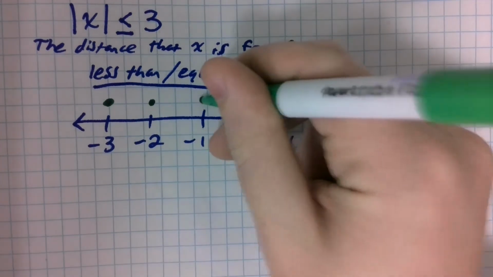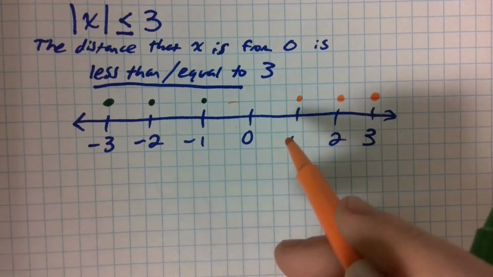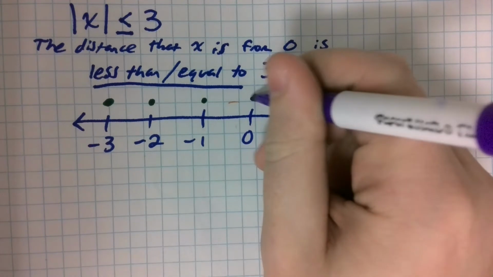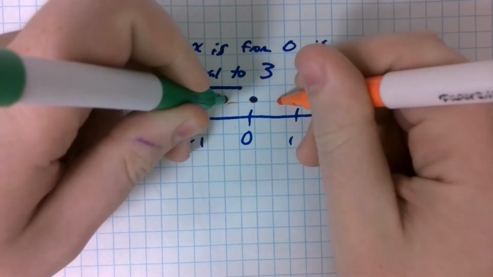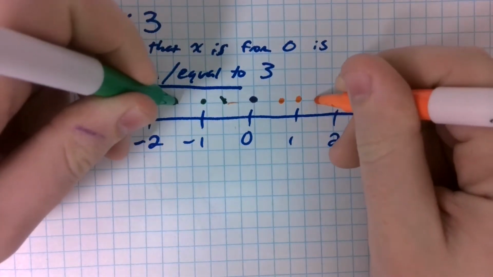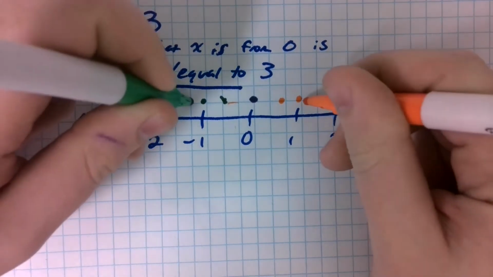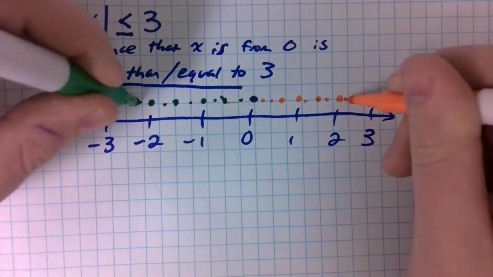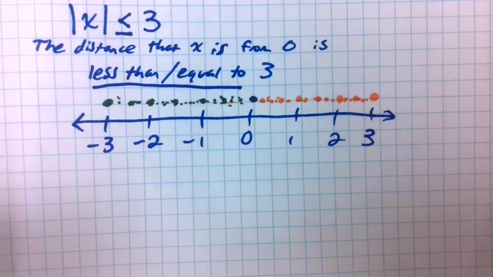The same applies for 1 and -1. Is 0 less than 3 away from 0? Yeah, it's not far away from 0 at all. It's exactly at 0. So even that would work as a point. When you start filling in some of the other points on here, such as maybe 1/2 and -1/2, or 1.5 and -1.5, or you can keep going on and on, you'll eventually get a list of numbers that are all less than 3 away from 0, or exactly 3 away from 0.